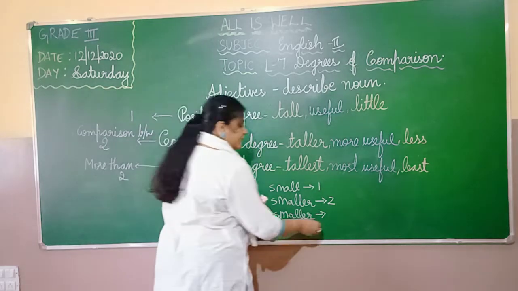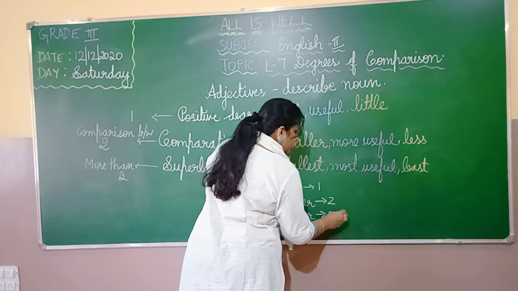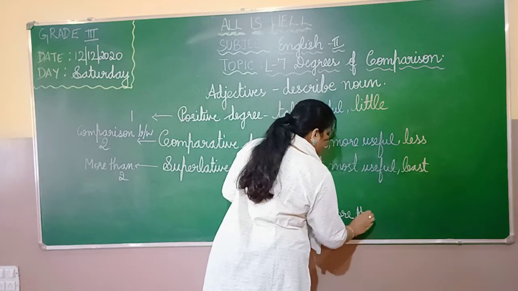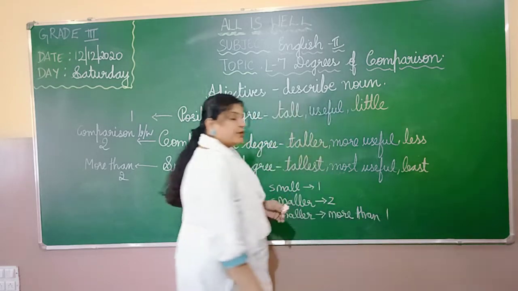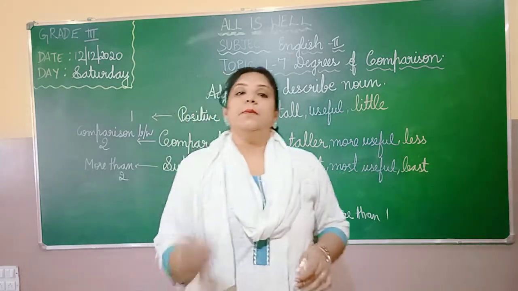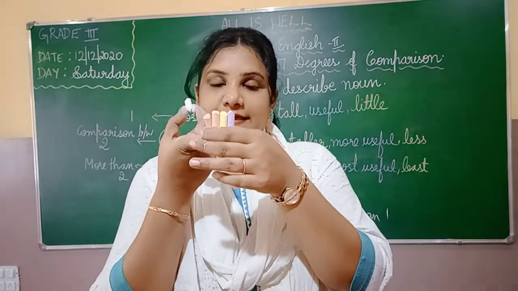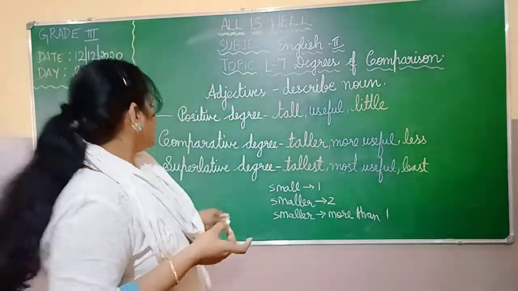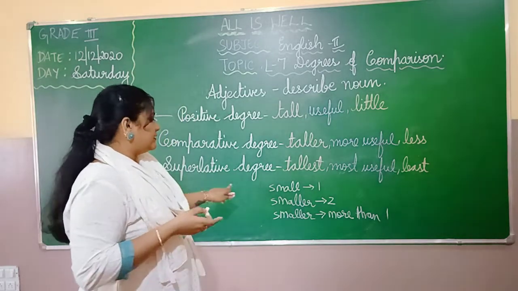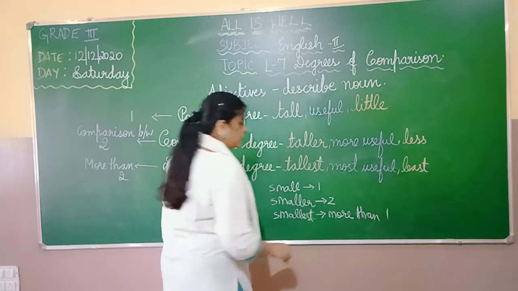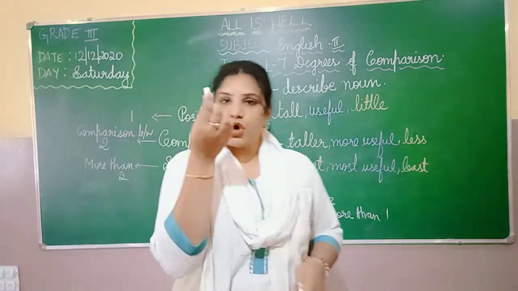I am comparing one chalk with more than 1. When I am doing a comparison between more than 1, it is called the superlative. It is smallest.